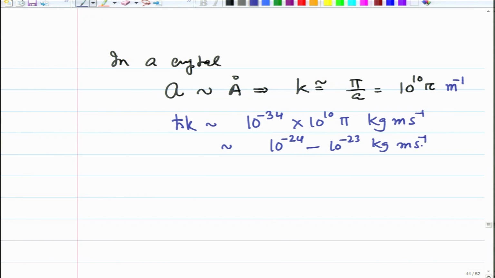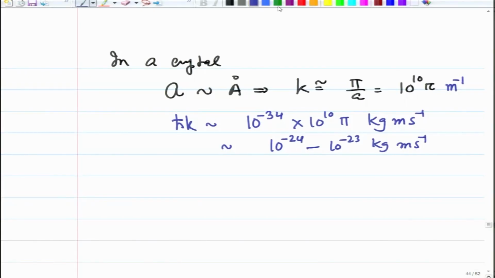That is the kind of momentum transfers we are looking for when the particles are scattered from this. How about the energy?